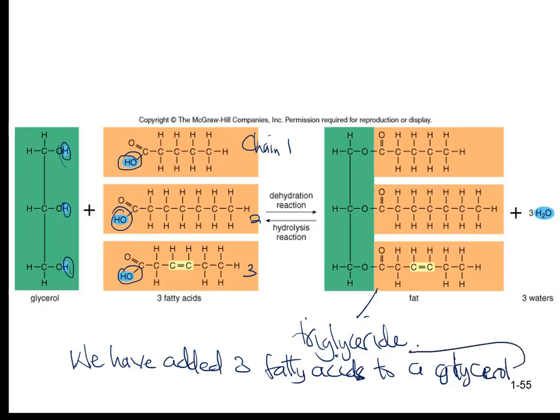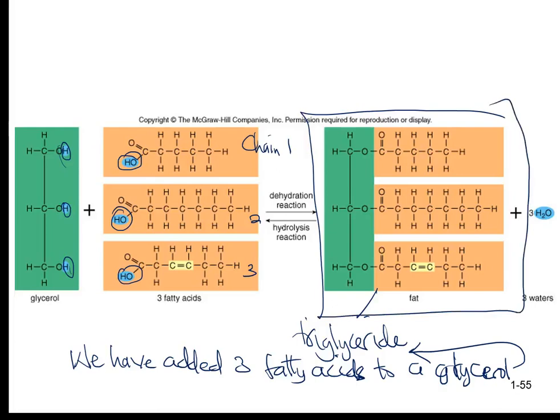That's why we call it a triglyceride. So you can see that we have 3 chains: chain 1, chain 2, chain 3. This is what we call our fat, or a triglyceride.